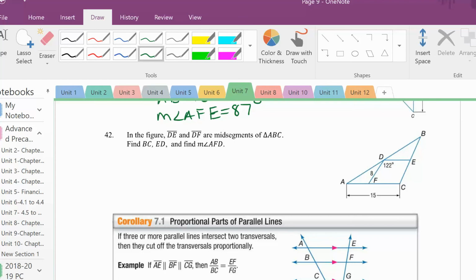All right, so let's look at the next one. So DE and EF are mid-segments, so that means the parts here are equal, and that means parallel here and parallel there. So when you're trying to find the measure of angle AFD, which is right here, it's alternate interior with 122.